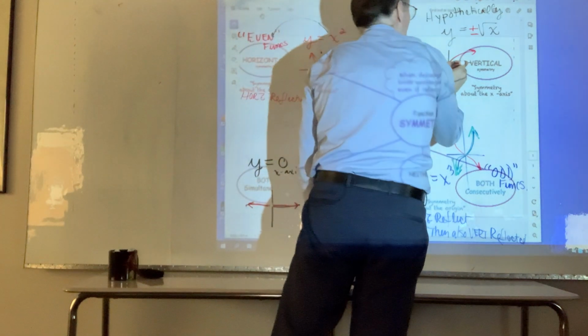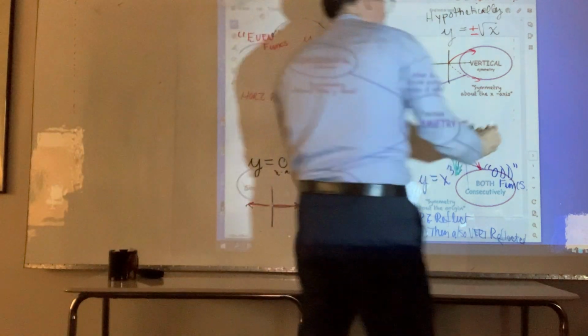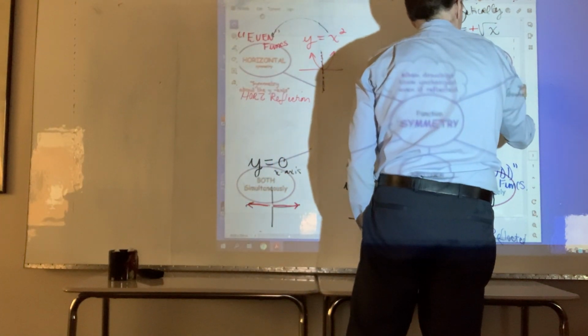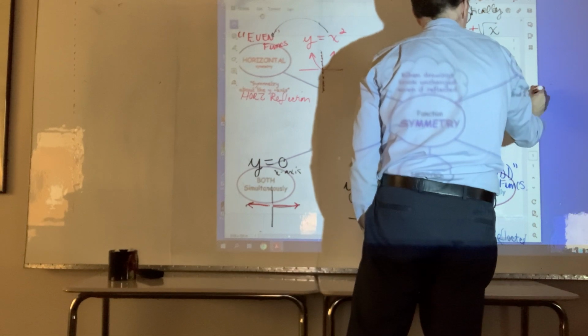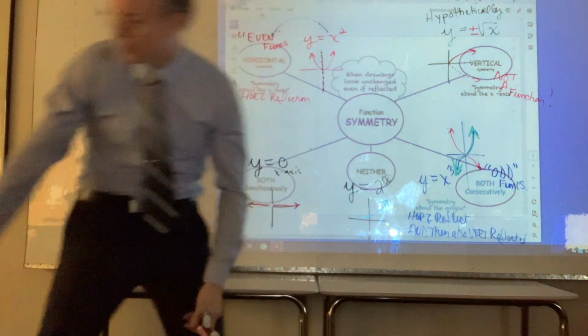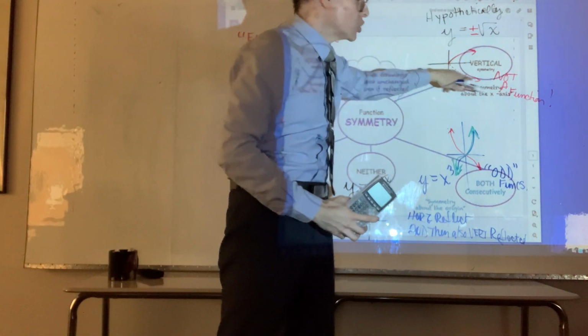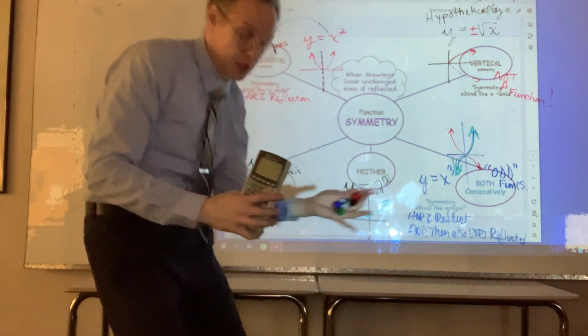You'd have the other half of this parabola, that sideways parabola, and that would not be a function by definition. So your calculator, were you to enter y equals the square root, is never going to draw the bottom of this because then it's not a function.